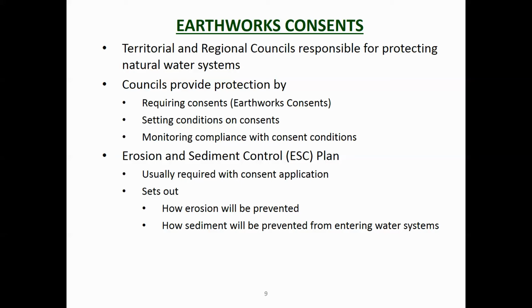For example, there's the Waikato Regional Council, and it covers several territorial councils, Hamilton City Council, Waikato District Council, and so on. So that's the way it works in New Zealand, and these people are entrusted with protecting the natural water systems, and they do that by demanding consents.